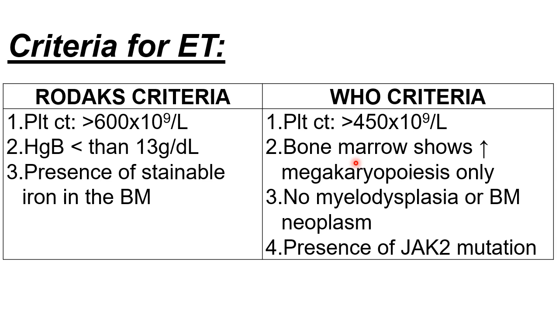Ang bone marrow mo naman, kailangan megakaryopoiesis activity lang ang na-appreciate. Okay? Number 3, no myelodysplasia. Ano ibig sabihin ng myelodysplasia? Yung incorrect differentiation of your bone cells, bone marrow cells. So, kailangan nasusunod pa rin yung tamang maturity of the blood cells. And lastly, the JAK2 mutation.